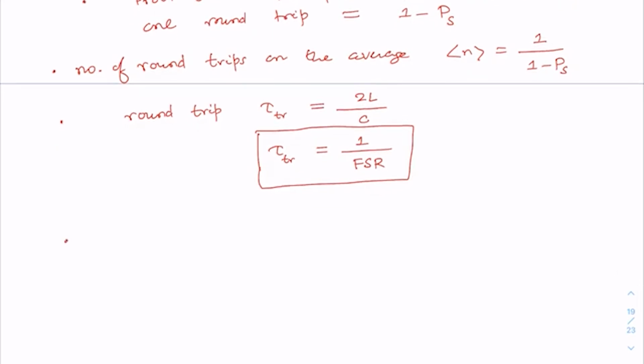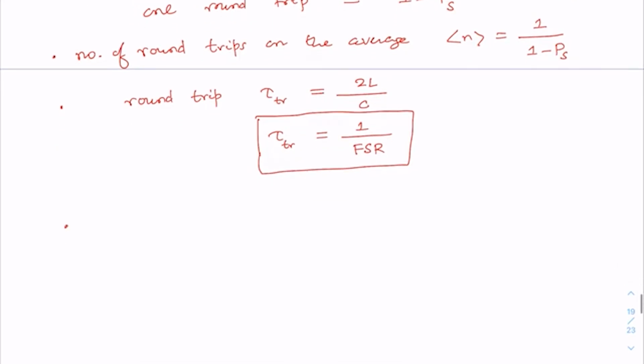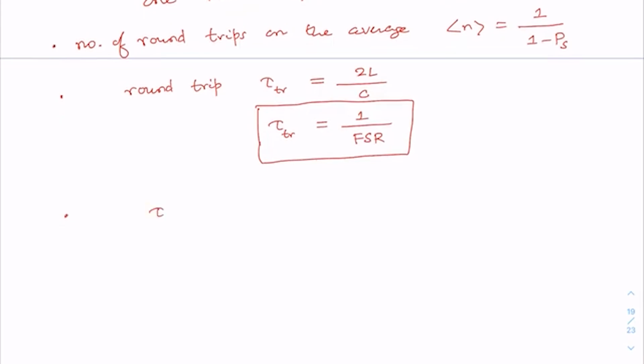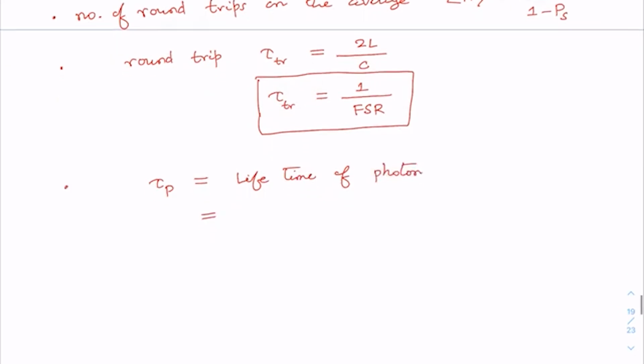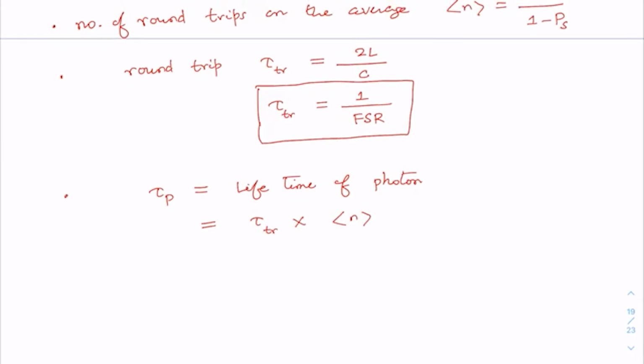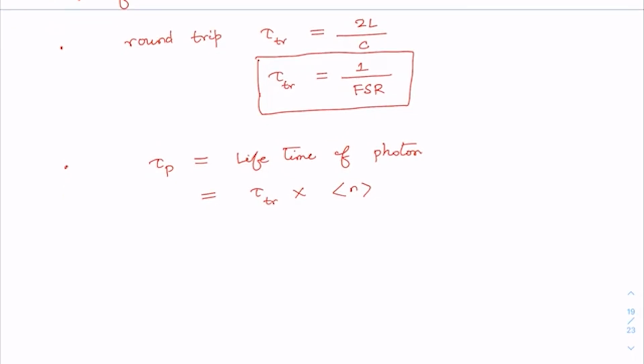So the lifetime of the photon inside the cavity, let me denote as tau p. That should be equal to the round trip time into the average number of round trips inside the cavity.